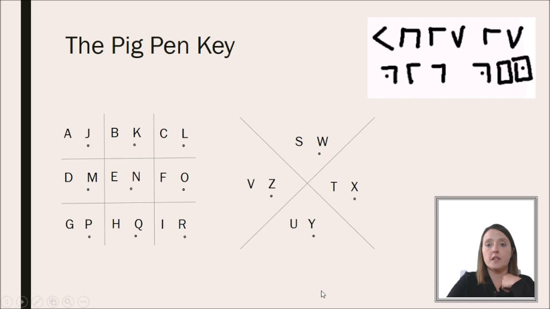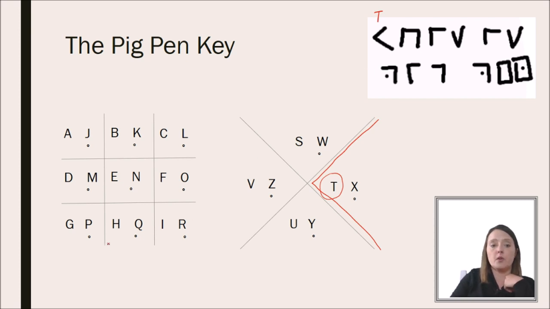Okay, so if we look at this piece of text at the top of the screen, we need to be able to decipher it by identifying the symbols and their position. So this symbol here reflects this bit. It doesn't have a dot, so therefore it is relating to the T. Okay, we have this symbol here, which is this one here.